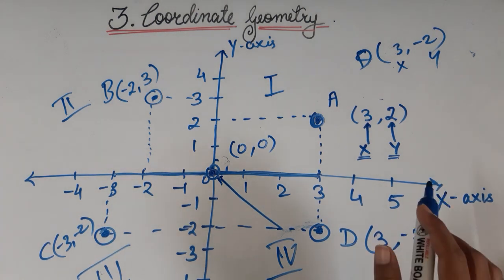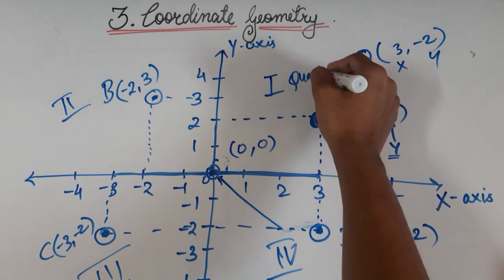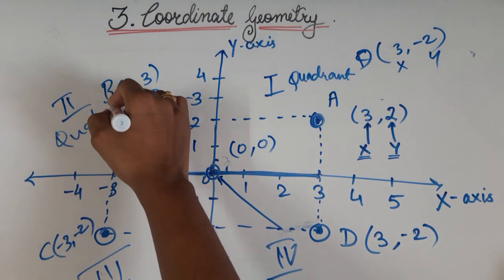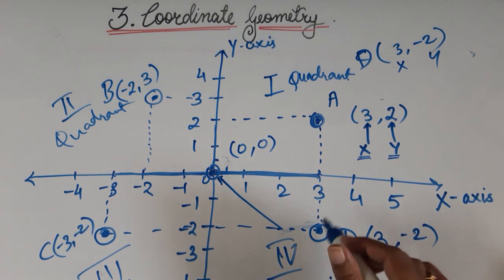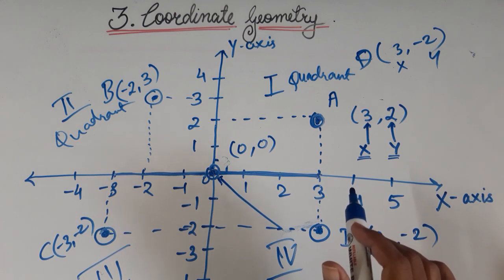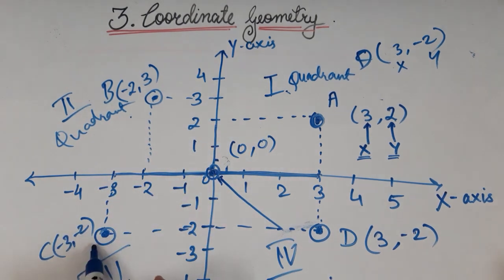These 4 parts are called quadrants. So the x and y axis divide the plane into 4 parts called quadrants: first quadrant, second quadrant, third and fourth quadrant.